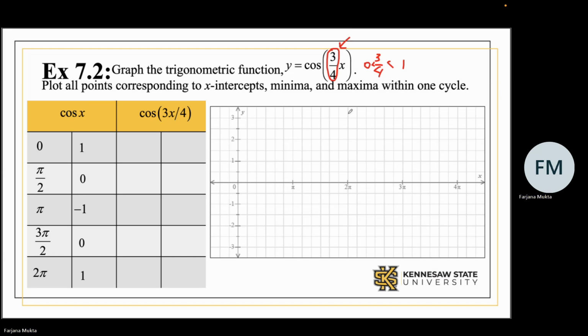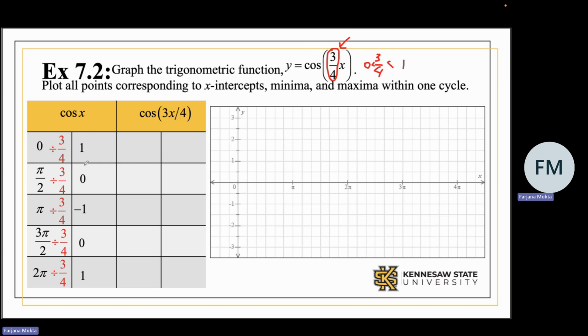trigs. So since we are multiplying by the constant 3/4 inside the function, we'll do the opposite here in our x coordinate. So our x coordinate will change because of the horizontal shift, and we'll change all the x coordinates by dividing by 3/4.